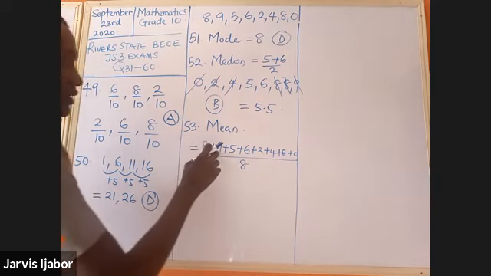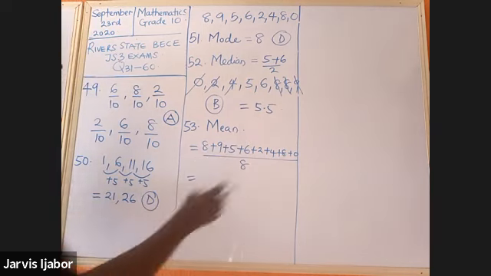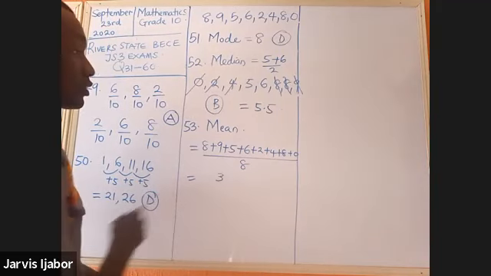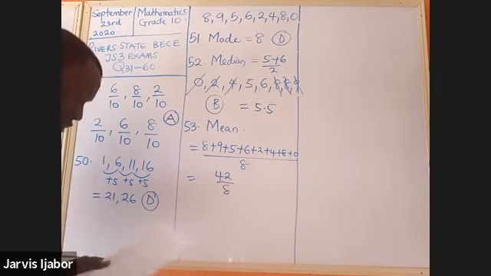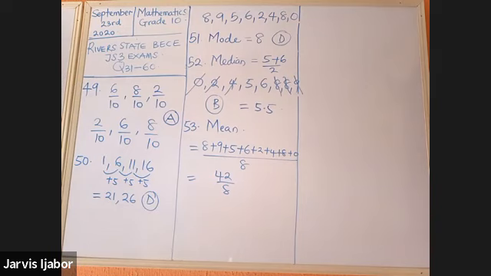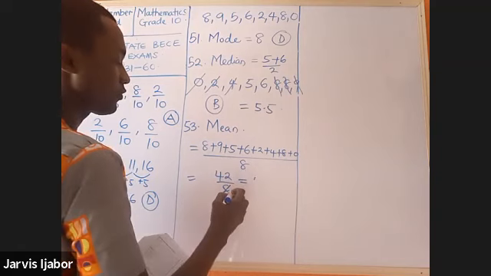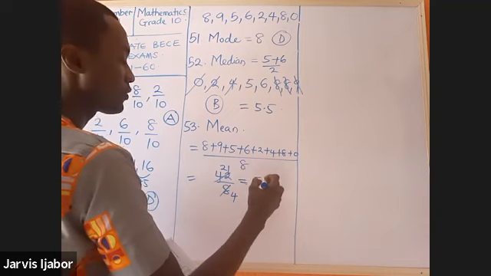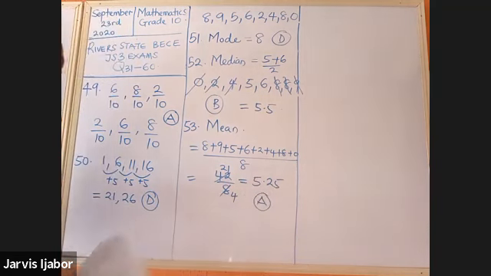So add them together: 17 plus 5 is 22, 22 plus 6 is 28, and 30 plus 12 will be 42. Have I got that right? Please help me check and ensure that what I've done is correct. That will give me 21 over 4, which is 5.25. And that option will be A. That's for question 53.